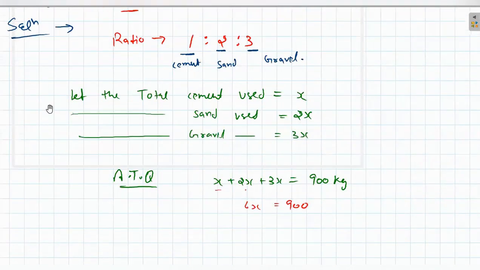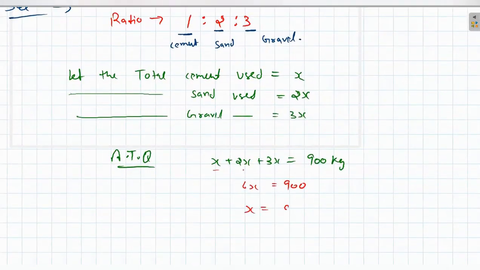So what will be the value of x? 900 divided by 6. That will give you 150. Perfect, 150.